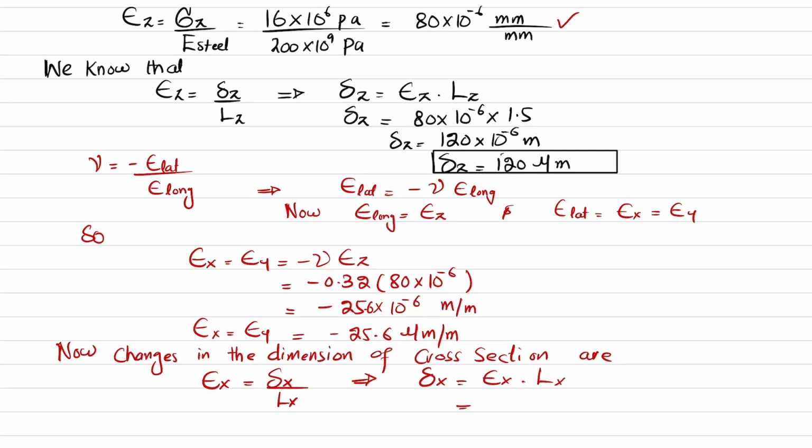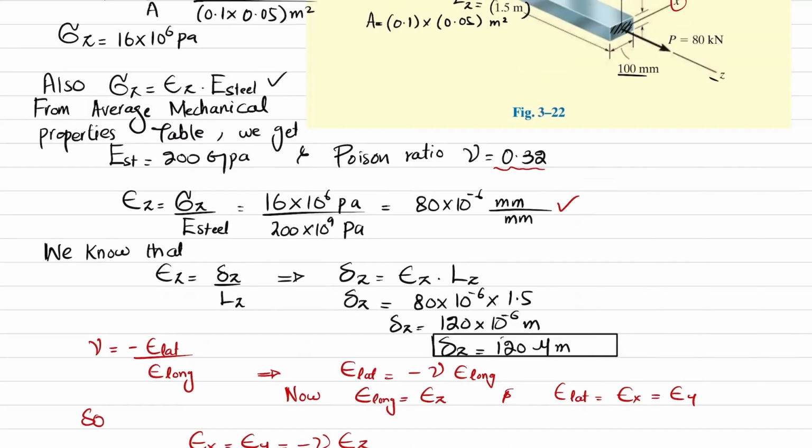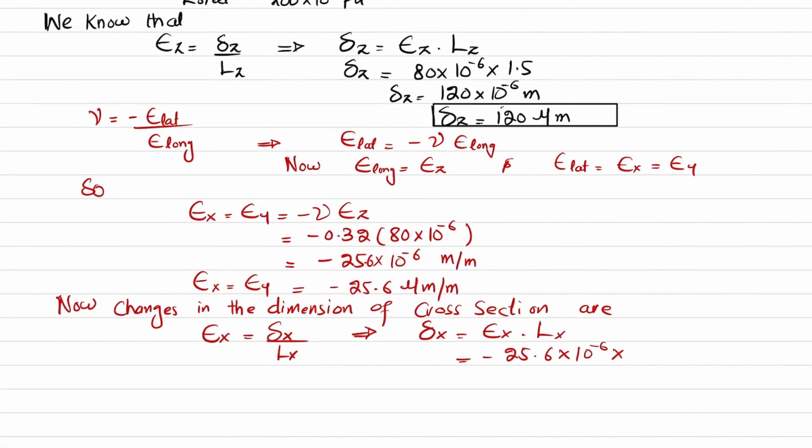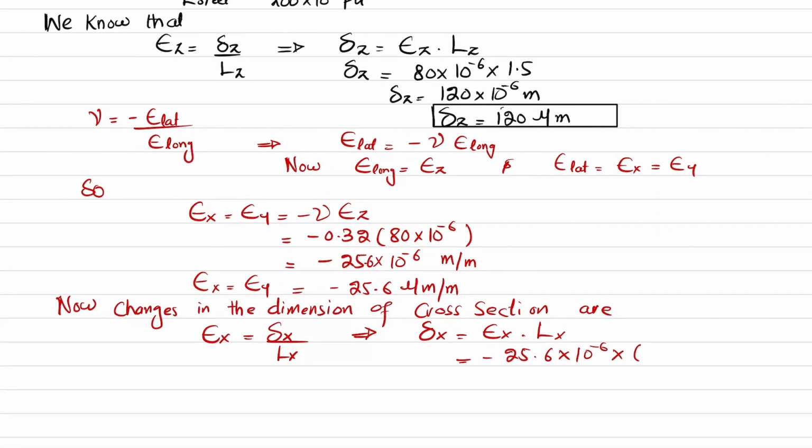Epsilon X is minus 25.6 into 10 to the power minus 6 multiplied by Lx. So length in X direction is this one, which is 100 millimeter, or 0.1 meter. So I can write 0.1 meter. Okay. So when you solve this, you will find the change in length in X direction of the cross section, which comes out to be minus 2.56 micrometer.